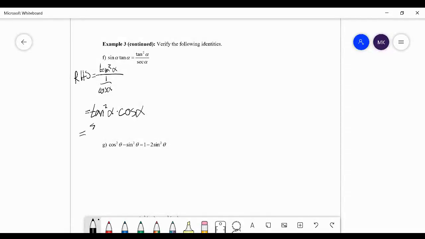And that is sine squared alpha over cosine squared alpha, times cosine alpha. Cool. So what happens? Well, that squared goes away and that cosine goes away, leaving me with sine squared alpha over cosine alpha.